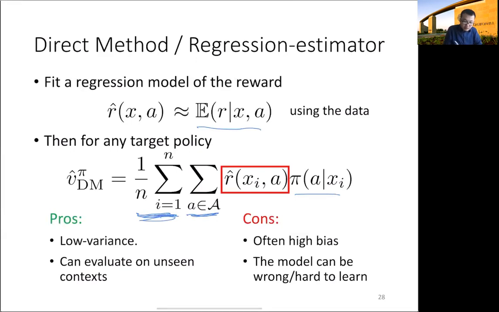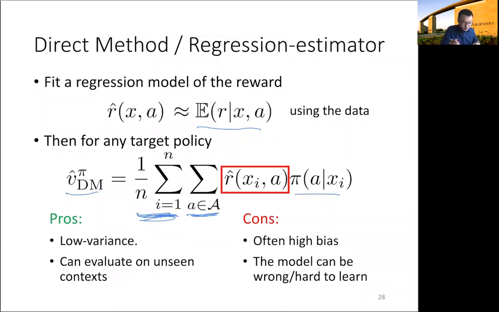Right. So this is just a plug-in estimator: if we plug this regression model in here, it gives me a single value evaluation of the quantity of interest. How well will this policy pi perform? Suppose I've been running this in the past. So this is asking the counterfactual question.